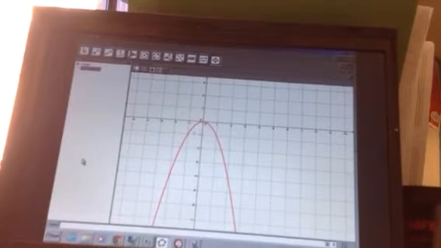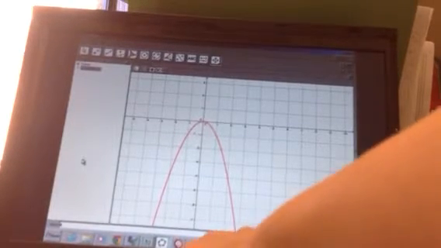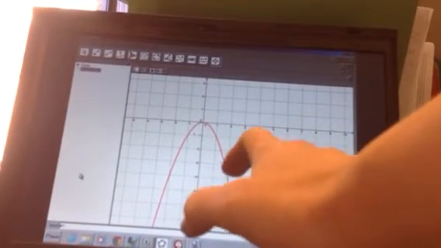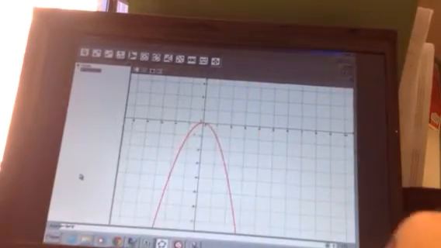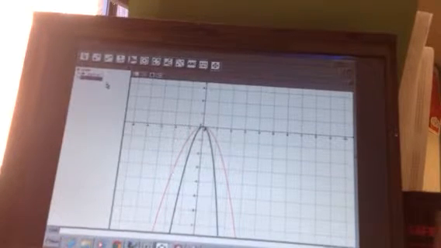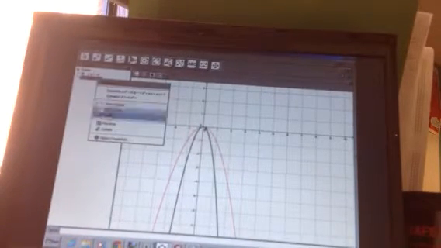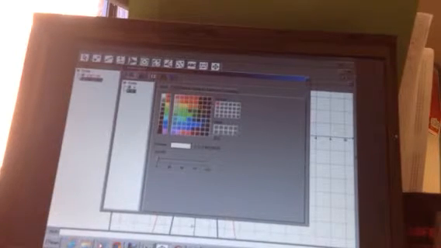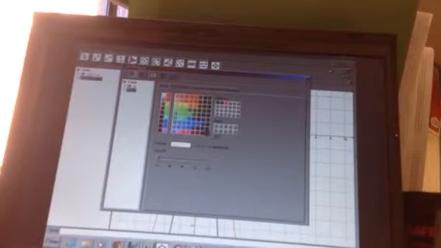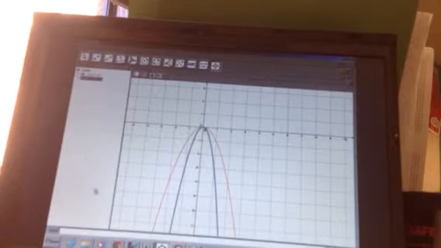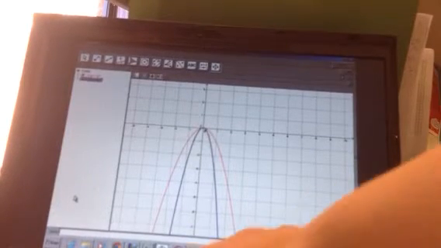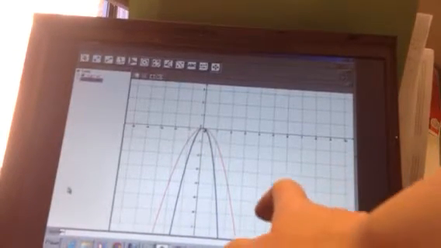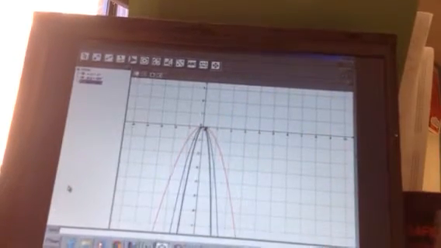In the input part, the next one is y equals -3x squared. Purple. And then the last one was y equals -6x squared.